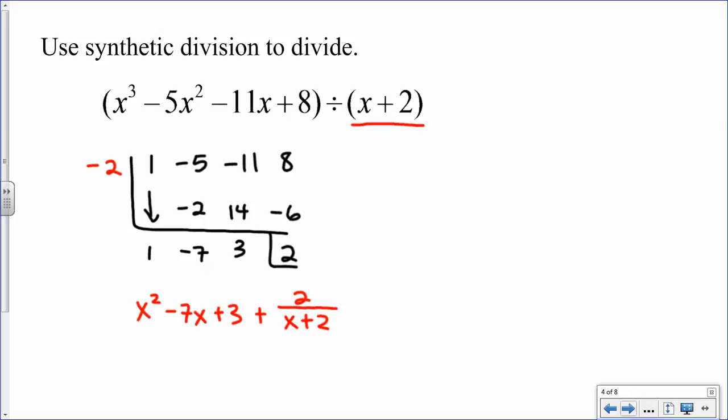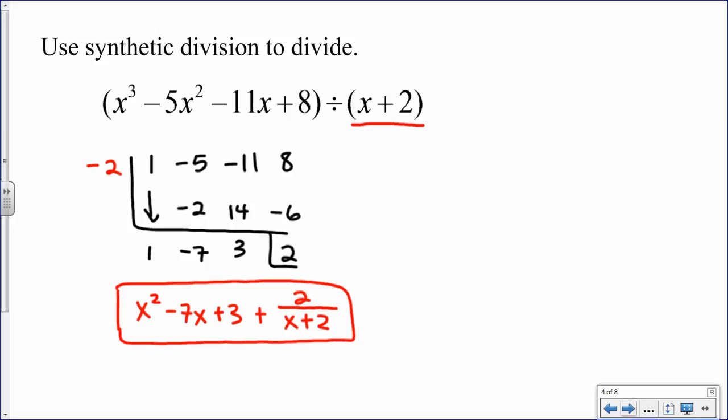Okay, so this is how we'll write our answers for synthetic division. So the long division one on the quiz tells you to do the dividend equals divisor times quotient plus remainder. The synthetic division one does not say, so we're going to write it in this form.